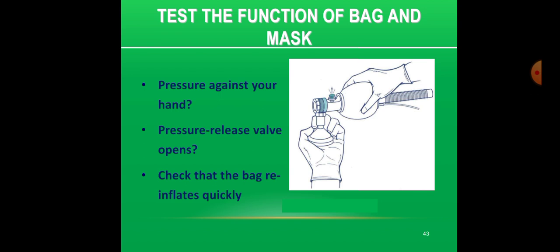And we also see whether the pressure release valve opens or not, and we also check whether the bag reinflates quickly or not. If it reinflates quickly, it is in good condition, and if the bag does not reinflate, at that time we discard this bag.